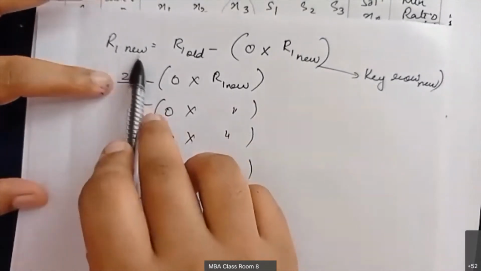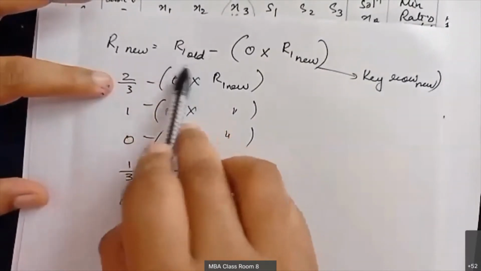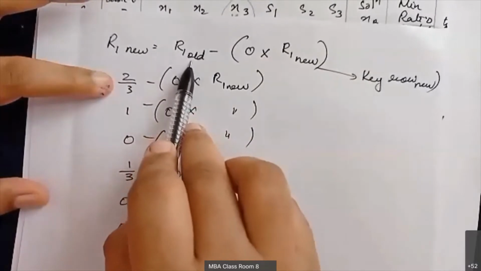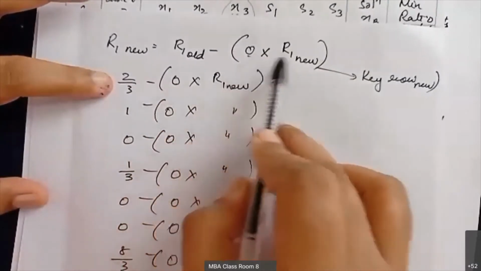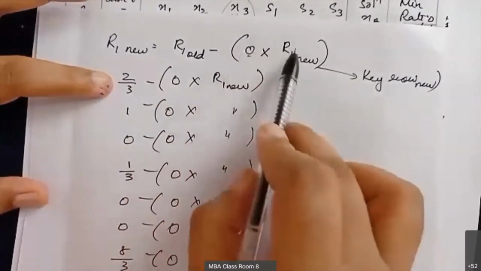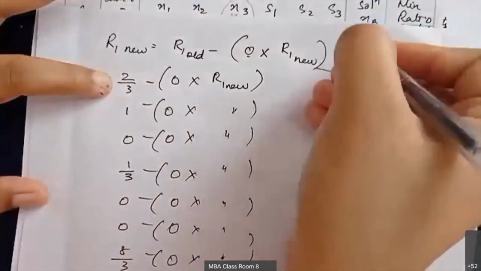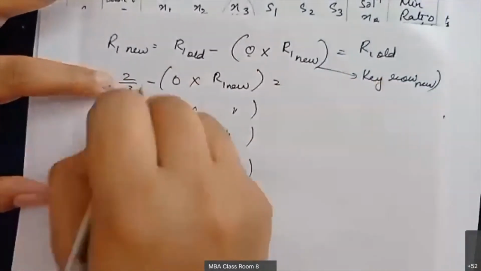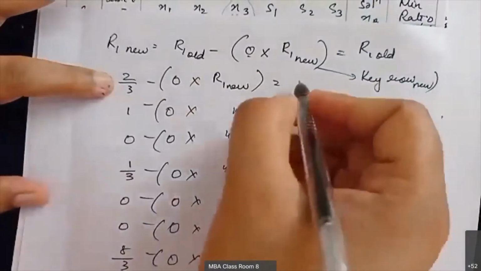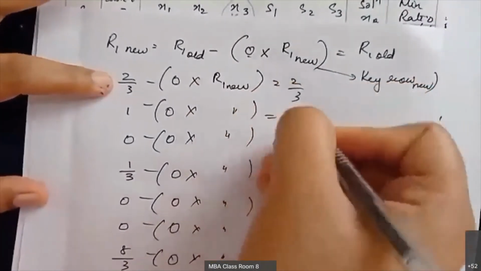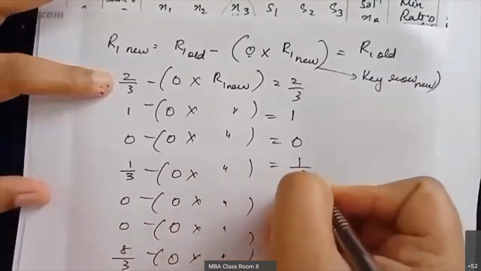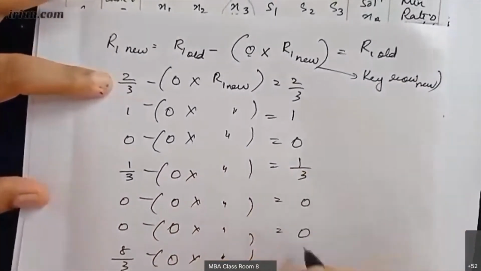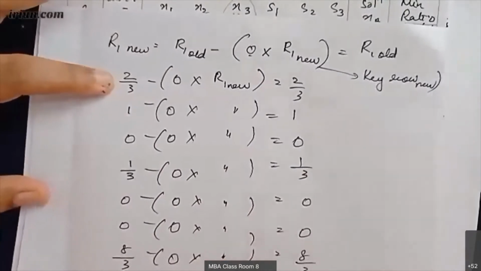So R1 new is actually going to be R1 old itself. There is no effect. I'm writing the same numbers here: 2 by 3, 1, 0, 1 by 3, 0, 0, and 8 by 3. There is no change.